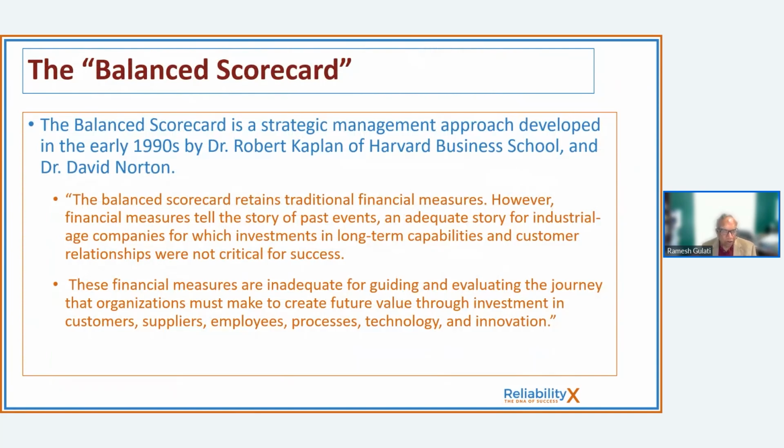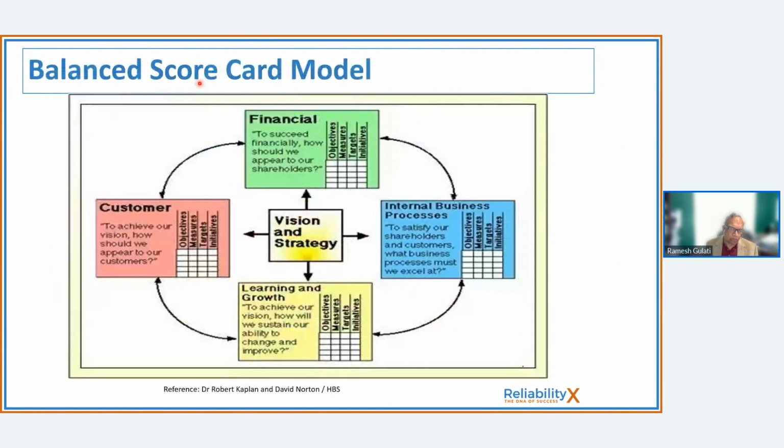So they suggested we should have a balance of all four: financial, customer oriented, internal business process oriented, and learning and growth. We should have at least one or two in each, and that's looking at the overall picture, which became known as the balanced scorecard model.